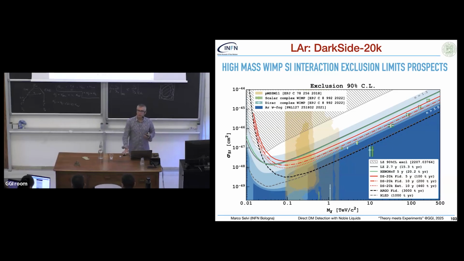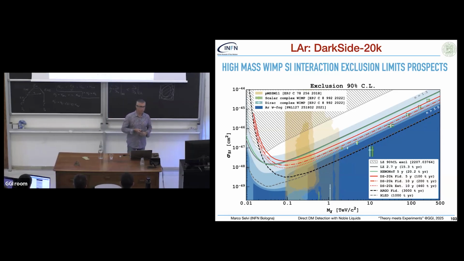Why have an argon detector when there are already existing xenon detectors close to this region? Well, first of all, it's important to have two targets. If we will ever have a signal of dark matter, it's crucial to have another detector, in particular with a different technology, both because the target will be different, and so also the kinematics of the interaction in xenon and argon will be different, but also for the different backgrounds, the different assumptions that are made in the detector.